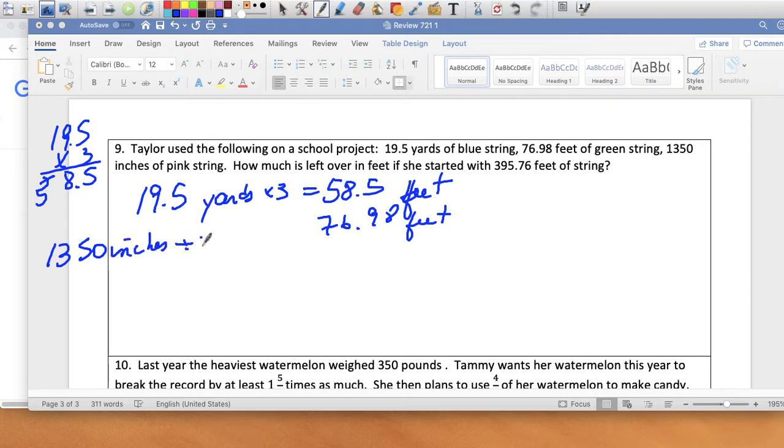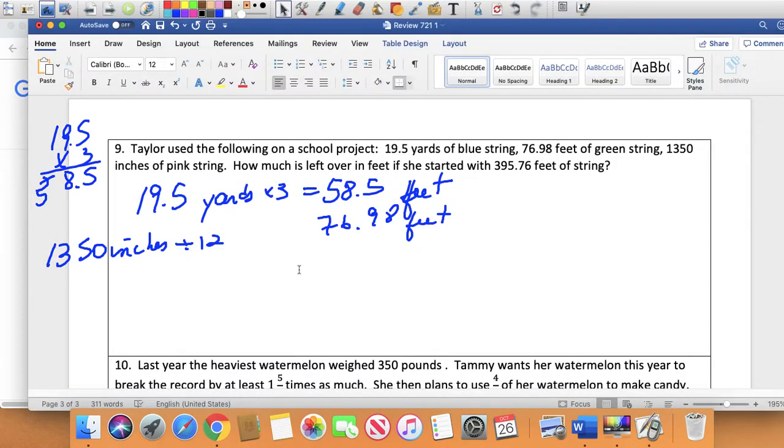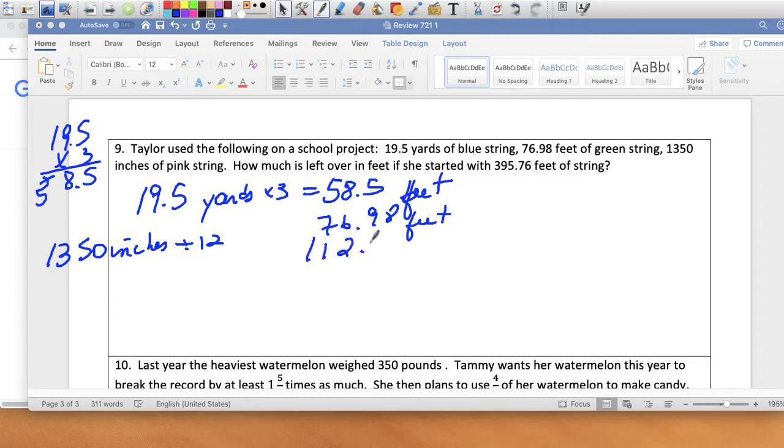Divide that by 12 to get it into feet. 1,350 divided by 12 is equal to 112.5 feet. So great, all my strings are in feet.